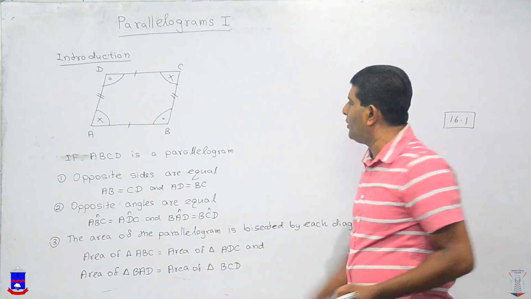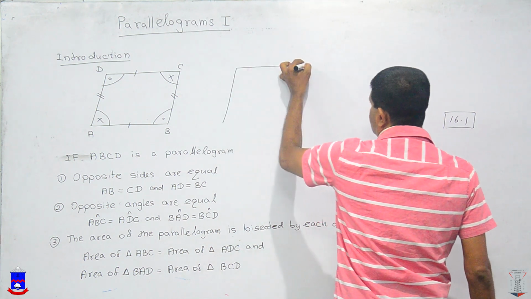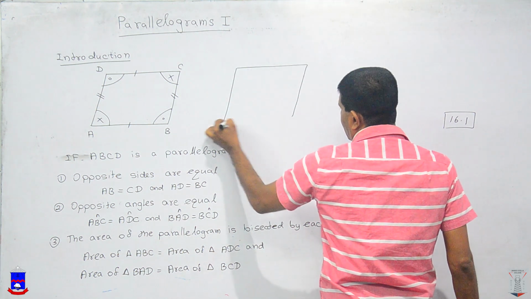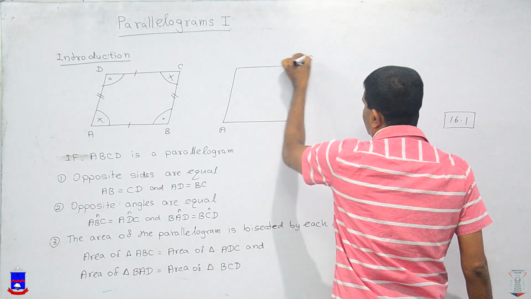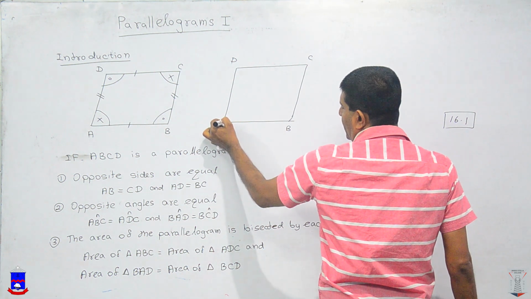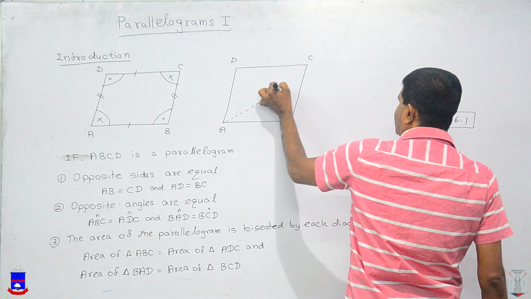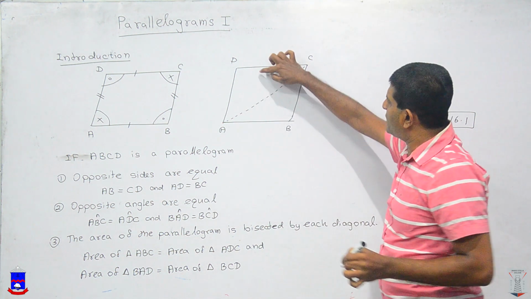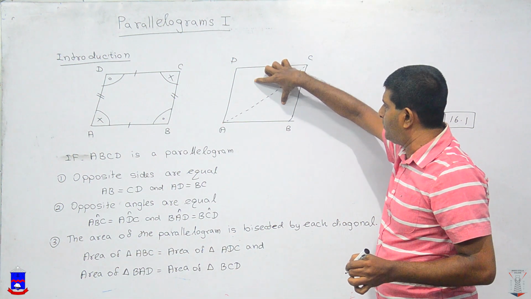Here we are drawing another diagram, the same parallelogram ABCD. If we draw the diagonal AC, you can observe two triangles in this parallelogram.